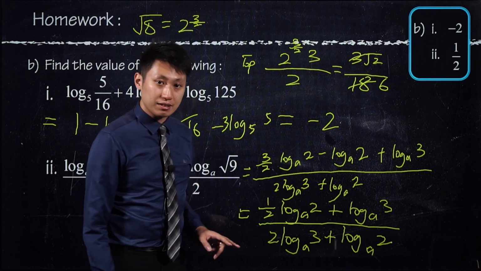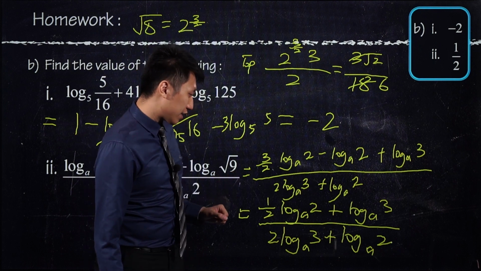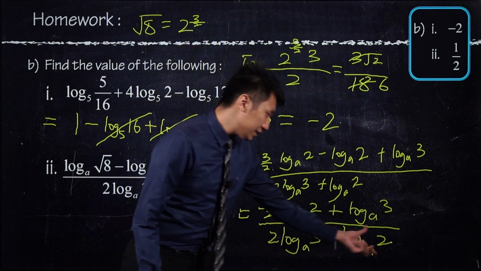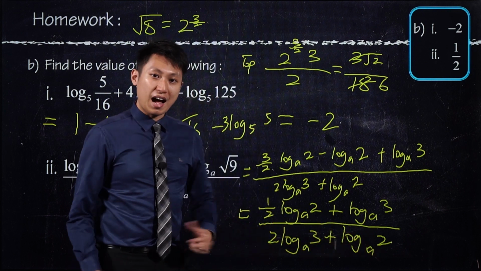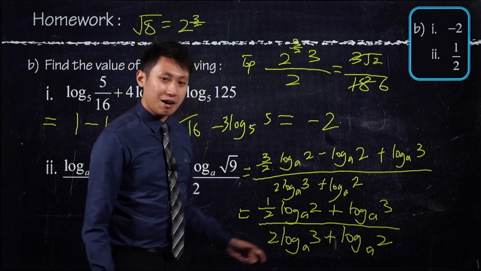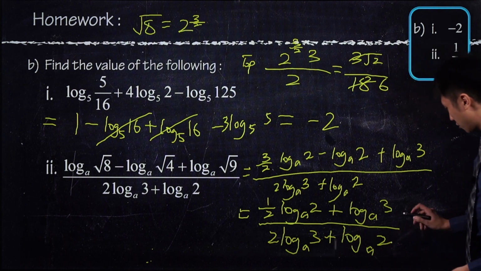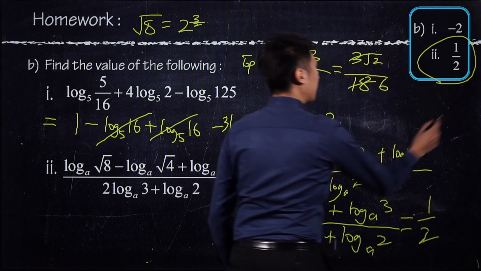So the answer for this one will be 1 over 2, because you can factorize. Let's say you call this star, then top you have half of the star. So half star divided by star, you get half. So your answer here will be 1 over 2.